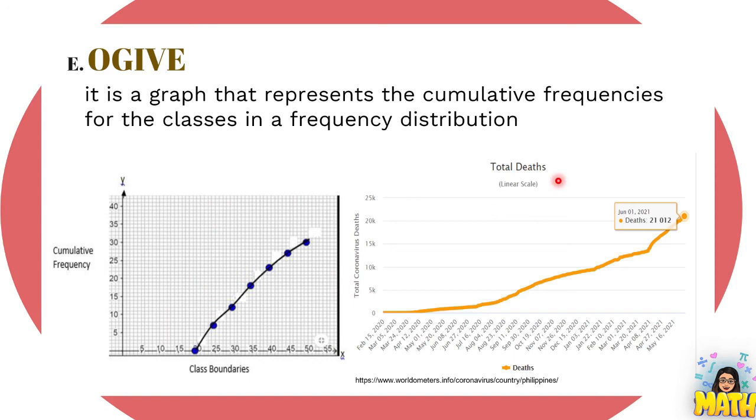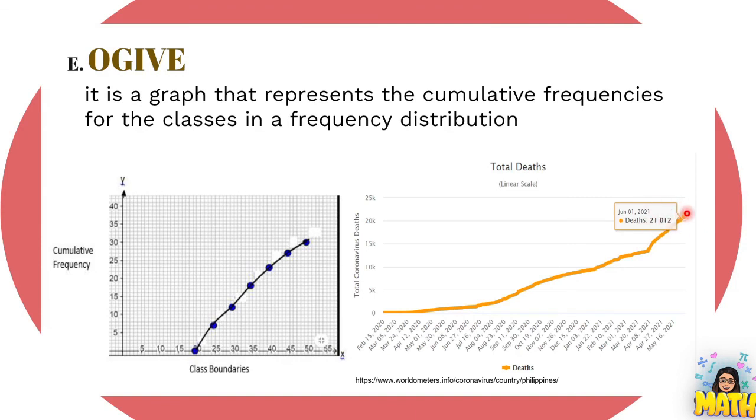So to give you a best example, let's have this graph. This graph shows the total number of deaths caused by COVID-19 in the Philippines. So from last year, kung saan ito nag-start, continuously nadadagdagan yung number of cases. So in the span of time of more than 1 year, from the minimal number, taas ito ng pataas, hanggang nag-reach ng total number of deaths na 21,012 noong June 1, 2021.